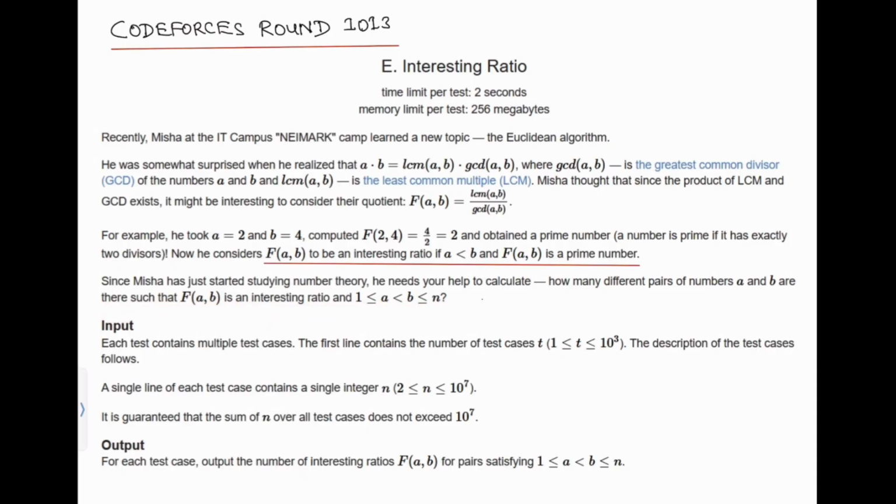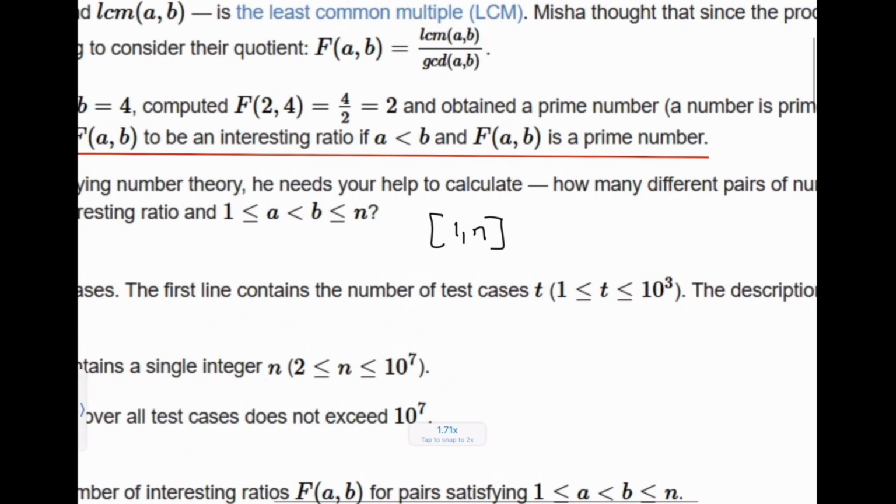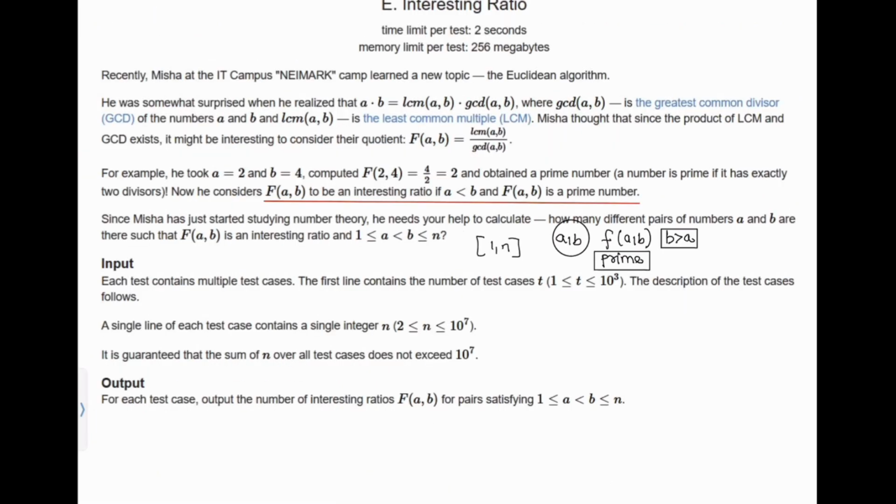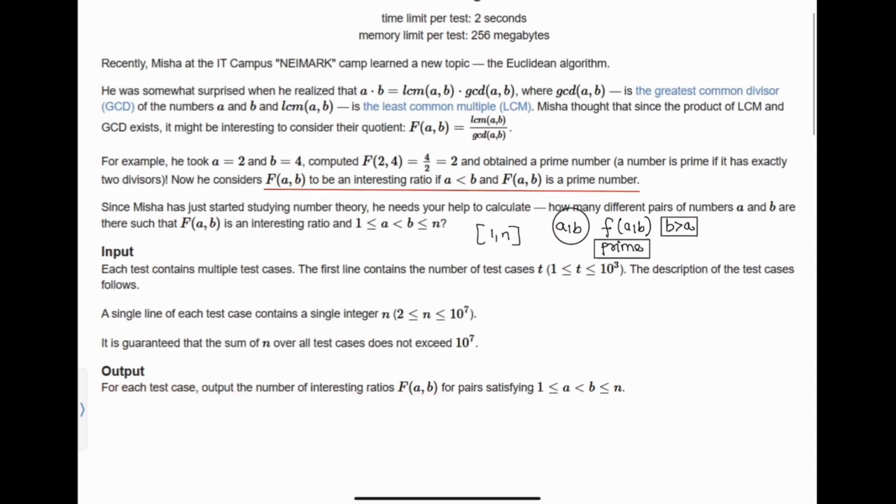So basically, you're given a range 1 to n and you have to compute how many such pairs of A and B exist such that f(A, B) is prime, and here B has to be bigger than A. Every test case consists of a single integer n, which tells you the range in which you have to find the pairs. For each test case, output the number of interesting ratios.